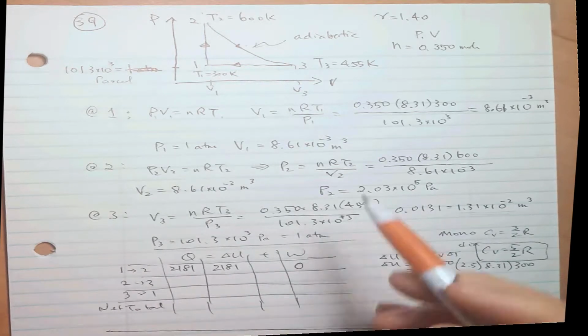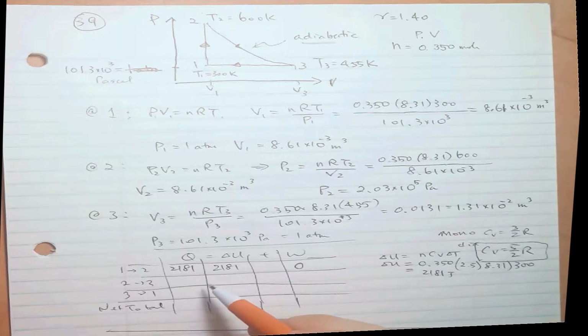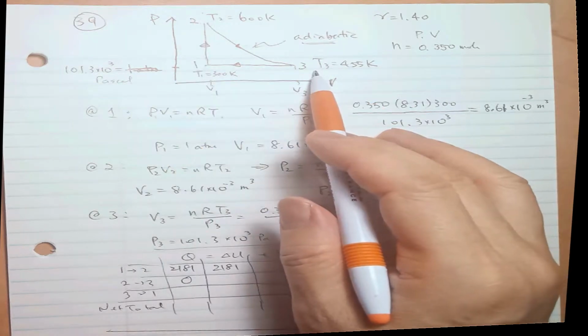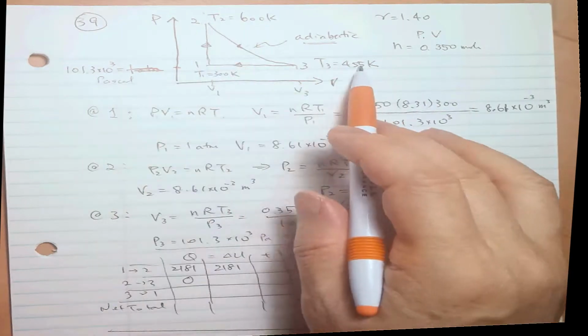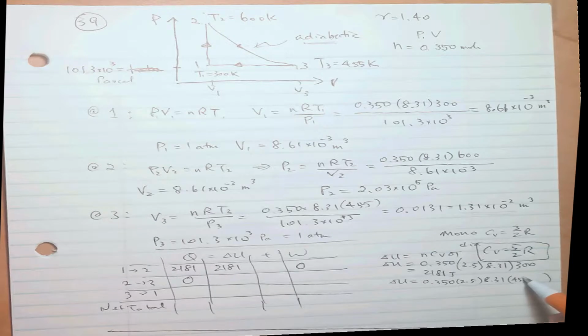And then 2 to 3 is adiabatic, which means the heat has to be 0, no heat change. But the change in internal energy is still nCv delta T. In this case, the temperature goes from 600 down to 455. So 0.350, 2.5, 8.31, but T3 minus T2 is 455 minus 600, the final temperature minus the initial temperature.